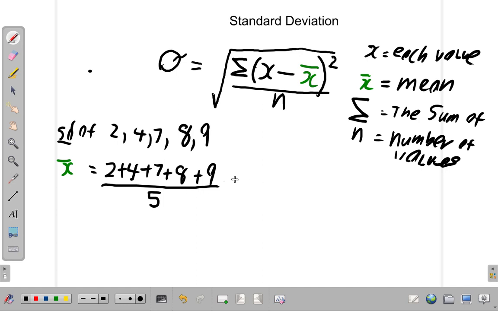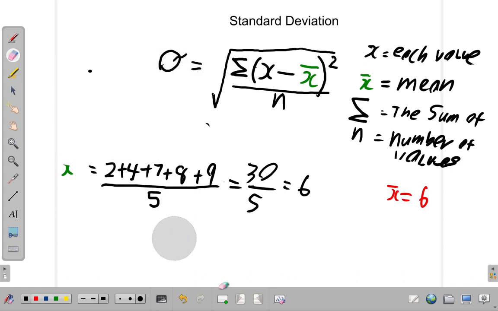Alright, so in calculating this, 2 and 4, that's 6. 2 plus 4 plus 7, that's 13, plus 8, 21, plus 9, giving you 30. So all of this adds up to 30. We're dividing by 5. So how many 5s do you have in 30? There are 6 of them. So let's just make a note here. The mean is 6. So we have the mean. Good.